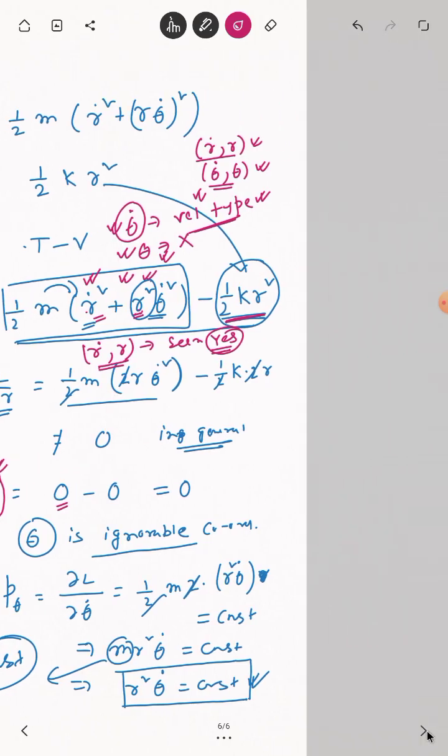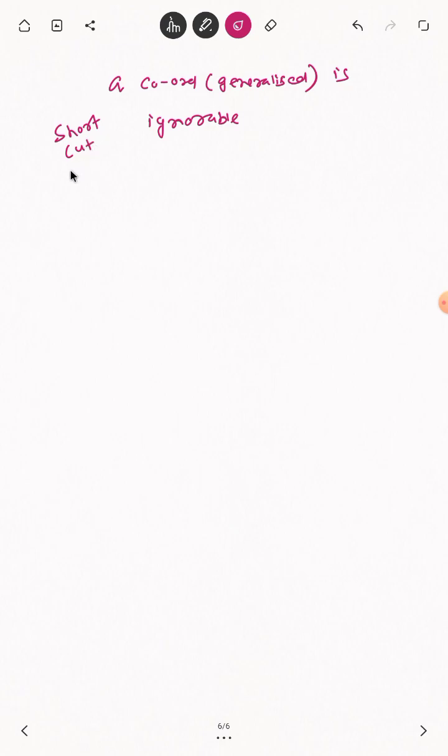So before finishing, let us write down that result. A coordinate, obviously generalized, because in a Lagrangian system we have only generalized coordinates, is ignorable. This is only a shortcut clue, not often written in the books, but people from a physics background often use it.